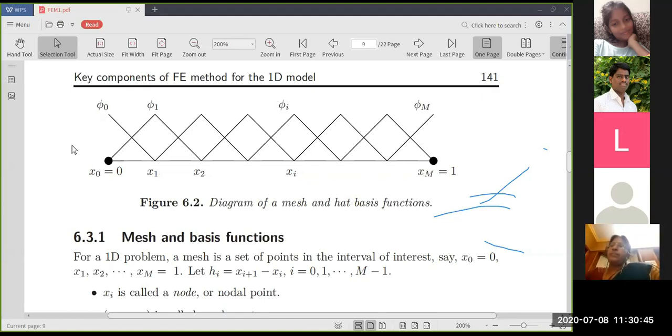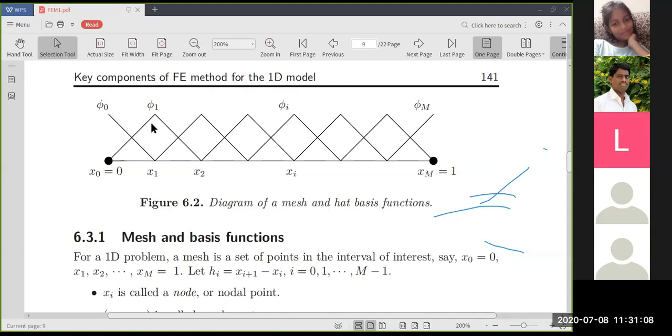We are not including 0 and m. So we need not worry about phi 0; we only consider phi 1 to phi m minus 1. We need not worry about phi m because j varies only from 1 to m minus 1. These are the hat functions which we have defined in a couple of slides before.